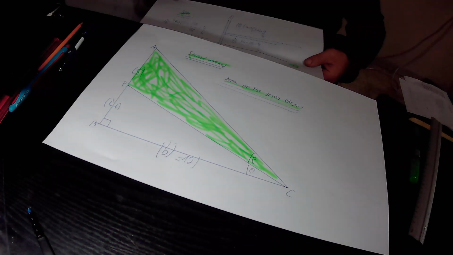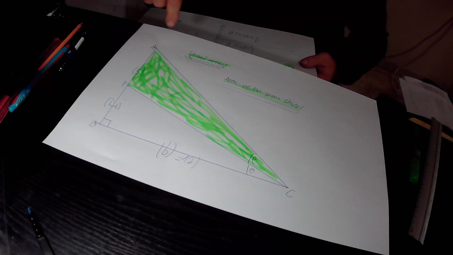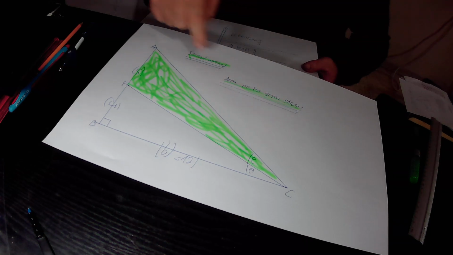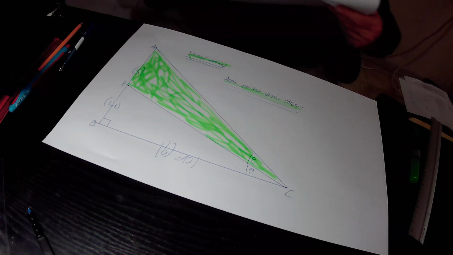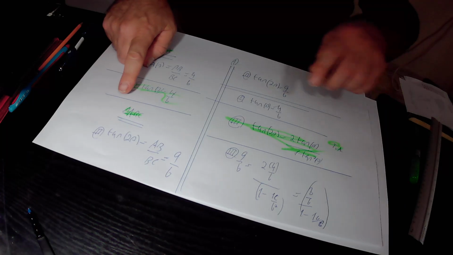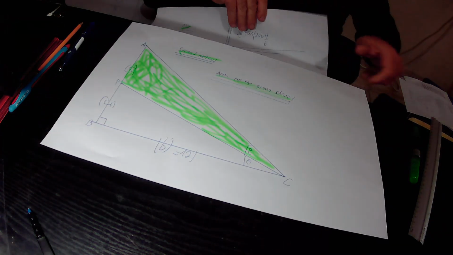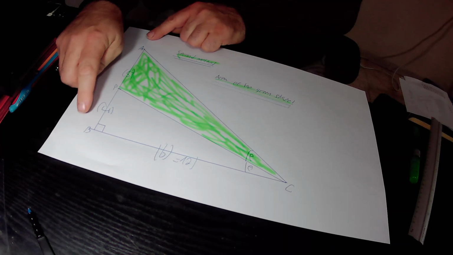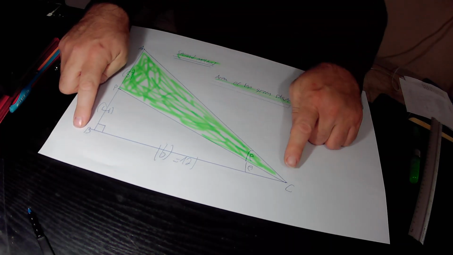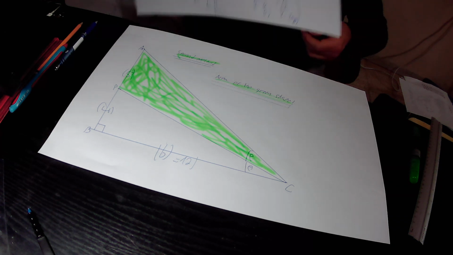Next, we focus on this big right triangle ABC. In this big right triangle ABC, tan 2 theta equals AB over BC. AB in total equals 5 plus 4, that is 9, over BC. BC is b.